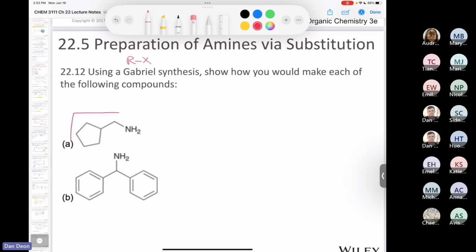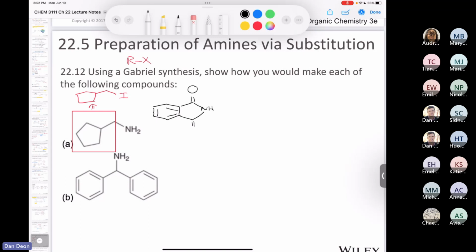And for this compound, only the nitrogen comes from the potassium phthalimide. So all of this is going to come from our electrophile, which is going to be this compound. We could use the iodide, bromide, or chloride. And so I wrote the iodide. So here's what the steps would look like. First, you're going to take phthalimide. So in the book, he writes out all the steps.